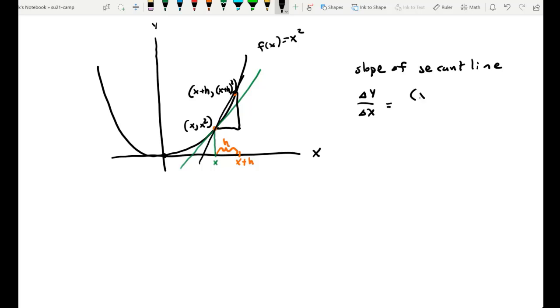So we have the first y value minus the second one. And then we'll have one x value minus the previous one, the denominator. Okay. And of course, we can simplify that in the denominator.